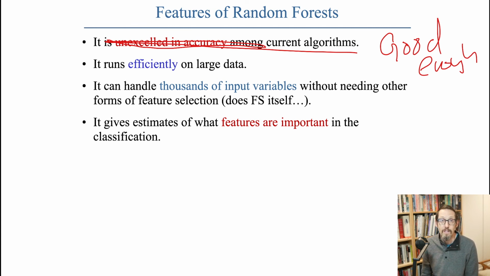It is, however, very efficient computationally. You can handle loads and loads of input variables, in part because it does feature selection itself. How does it do feature selection? By following that impurity thing. If you tell it that it can't grow the tree to endless depth, that we have to stop at a relatively shallow value, then it's never going to get down to the features that don't tell you much about the problem.